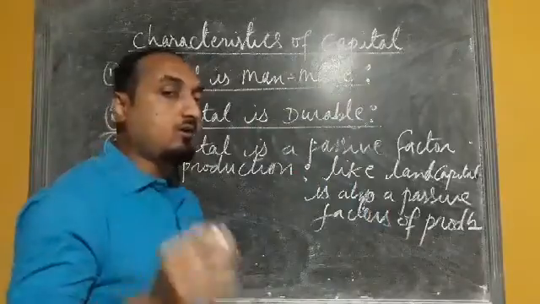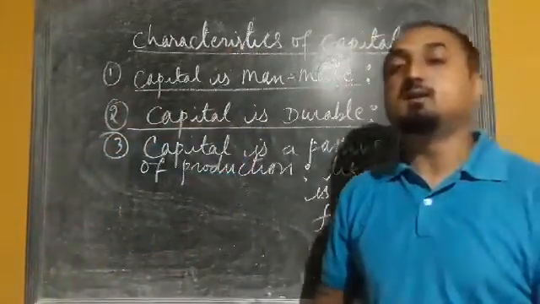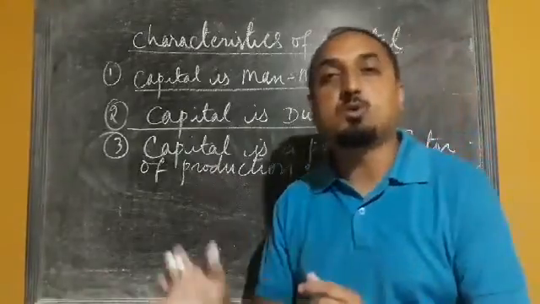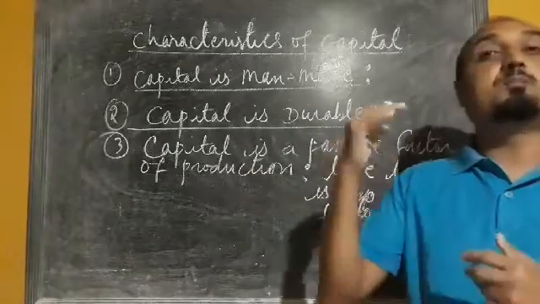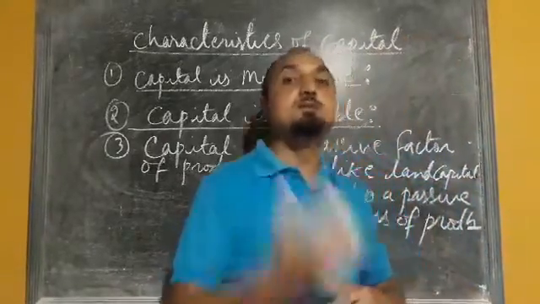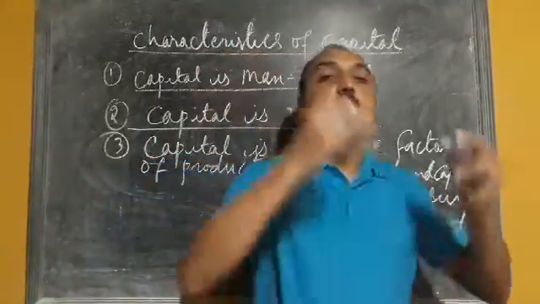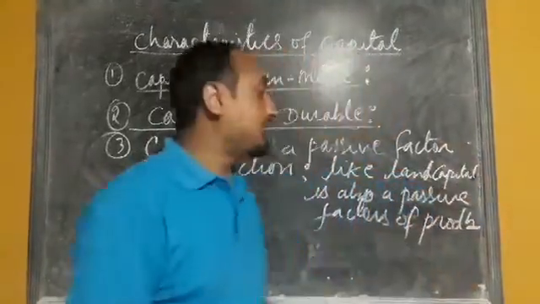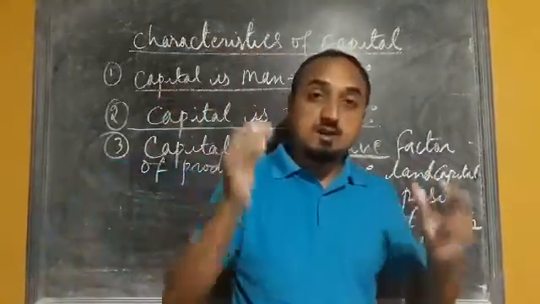In order to operate that machine, or in order to use that machine, at least labor is required. That's why it is called a passive factor. Passive factor means it cannot produce by itself. Laborers are needed to use or operate that machinery or equipment.